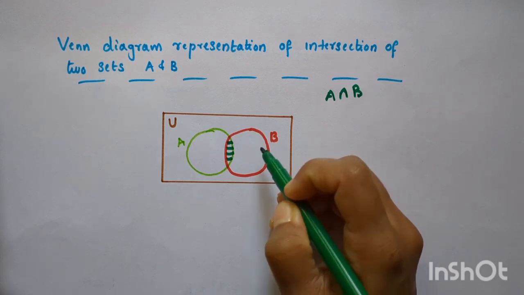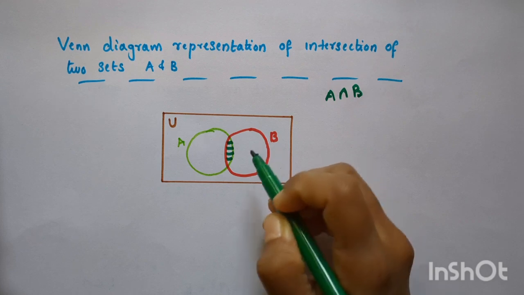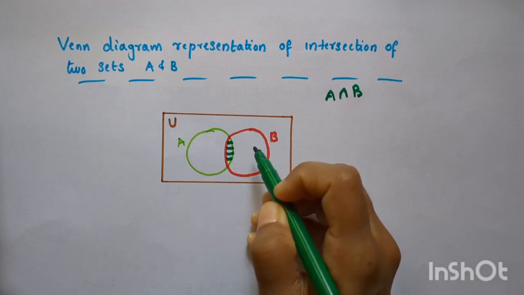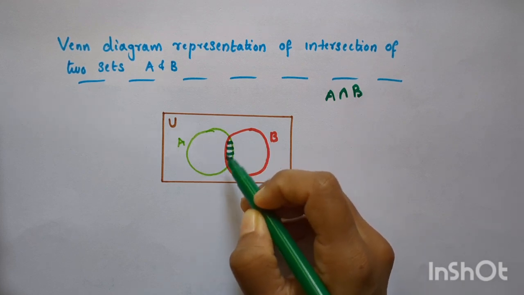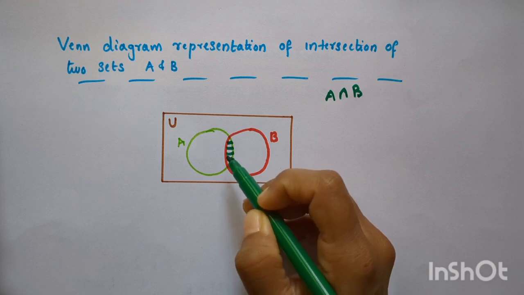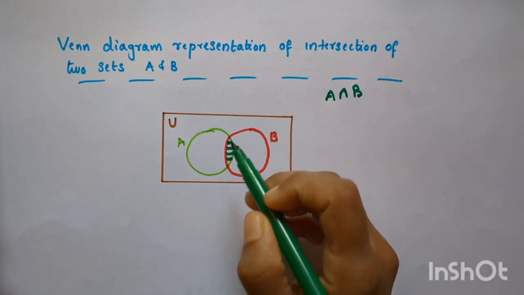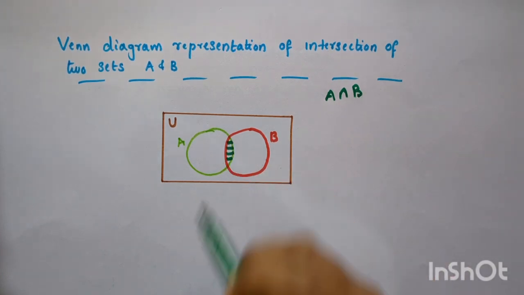We have to choose elements which belong to both A and B. So this shaded portion actually indicates the intersection of the two sets A and B.